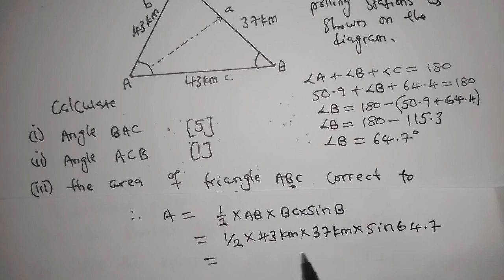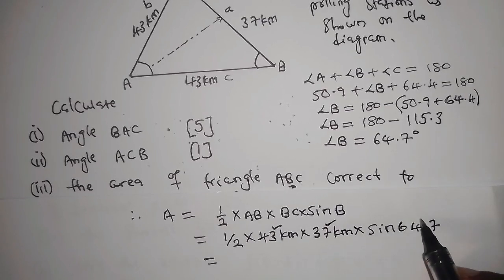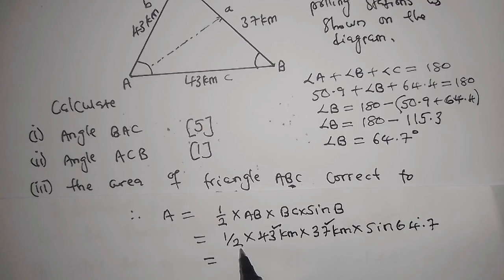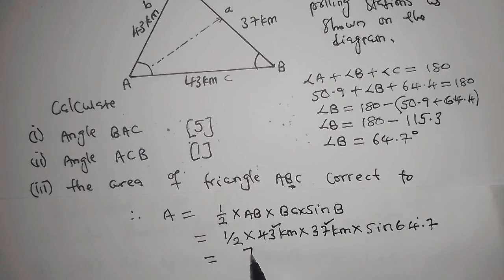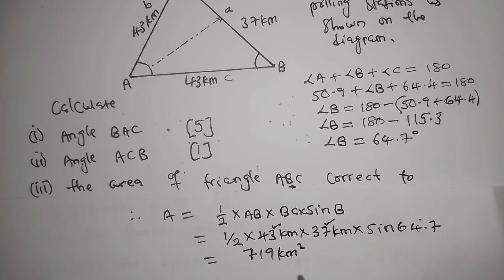The way you punch it in is start with this one, times sine this one, then finally divide by 2. So the answer you're going to get is 719 kilometers squared.